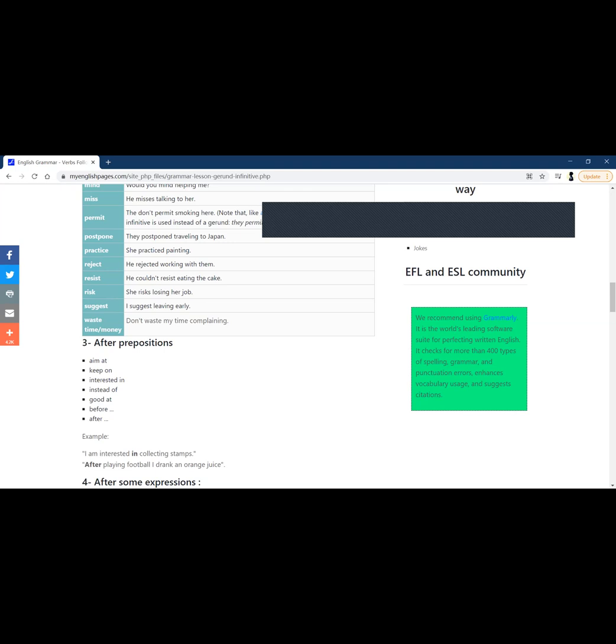I don't think these are too necessary to talk about because they can be followed by both, but here are the verbs that must be followed by the infinitive form. For example, ask, get, prompt, allow, though allow can also be followed by doing. And forbid, prefer, announce. Prefer can also be followed by a gerund, but there are some specific uses for it.